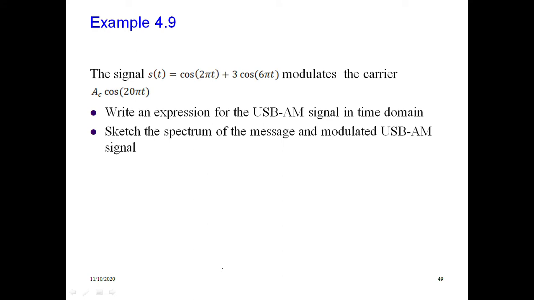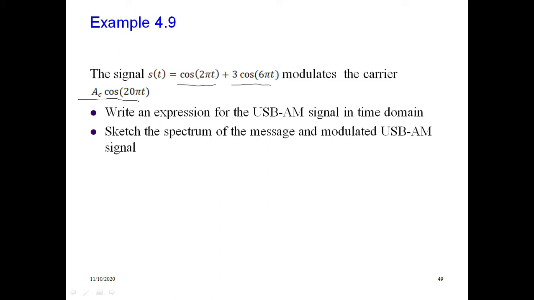Now you know how to get the SSB signal using the formula. So we try one example. For example, the signal is cos 2 pi t plus 3 cos 6 pi t. This one is cos and this one is also cos, and it modulates the carrier.